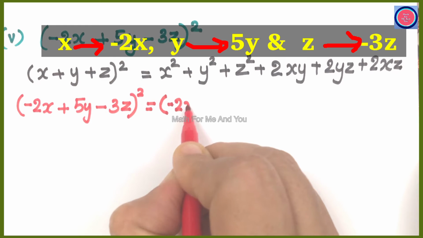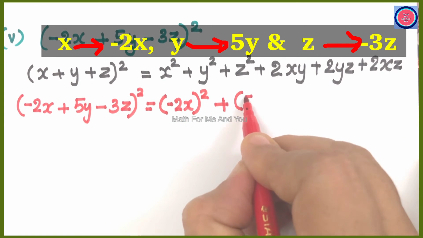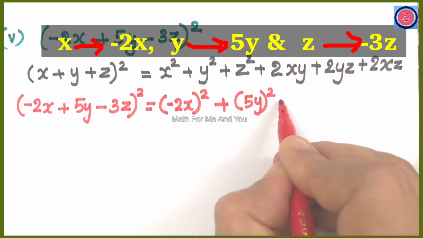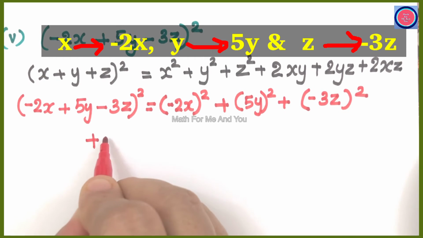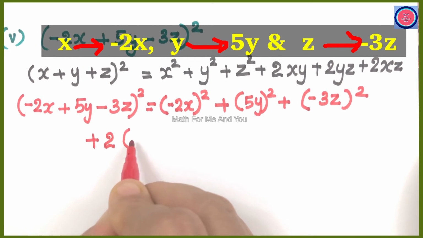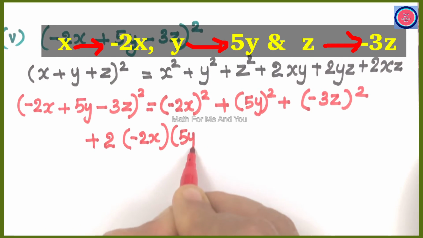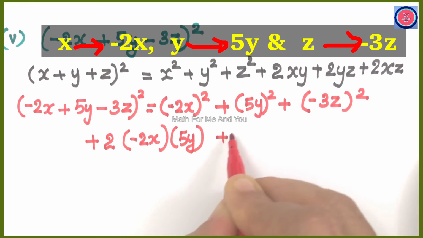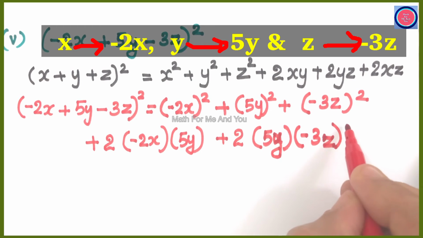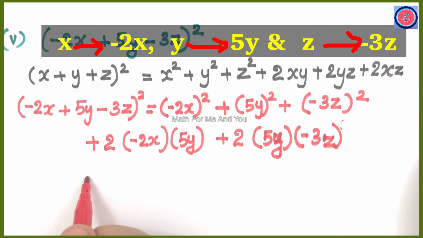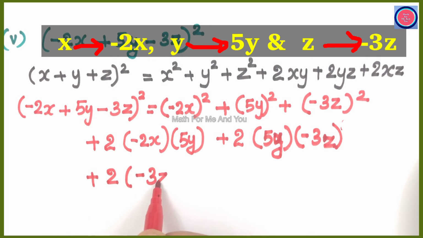We can keep the terms inside the bracket because with the coefficient each variable comes, plus second term is 5y the whole square plus minus 3z the whole square plus 2xy we can change as 2 times minus 2x times 5y plus 2yz becomes 2 times 5y times minus 3z, and the last term we could write as 2 times minus 2x times 3z, or we can write 2 times minus 3z times minus 2x.